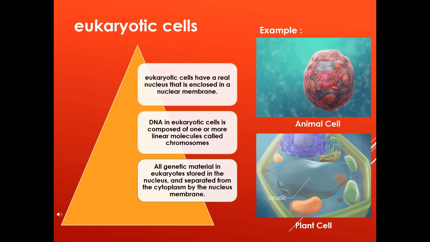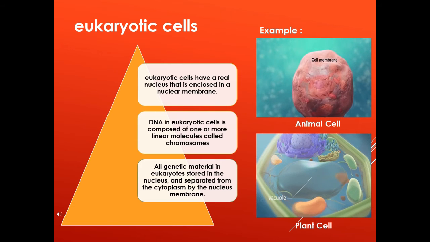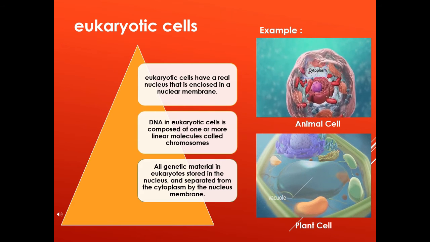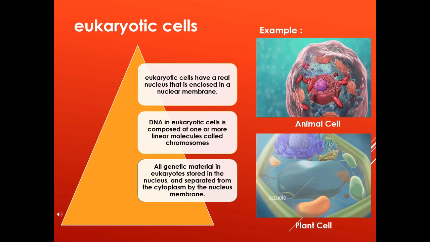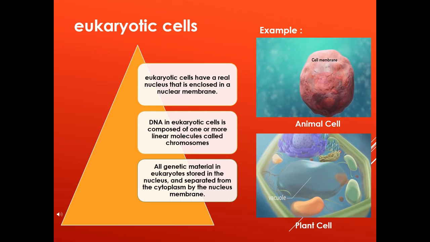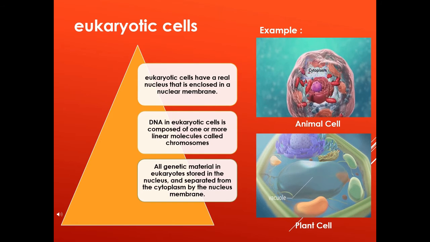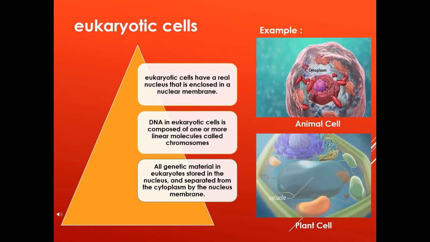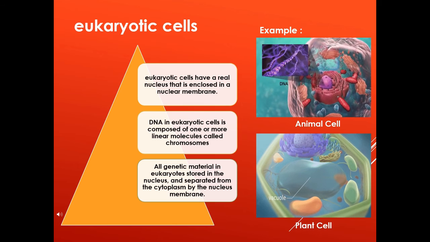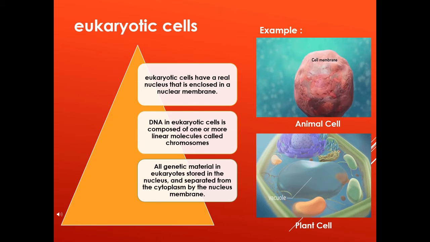DNA or genetic material of eukaryotic cells is composed of one or more linear molecules called chromosomes. And all genetic material in eukaryotes is stored in the nucleus, and it's separated from the cytoplasm by the nuclear membrane. And the example of eukaryotic cells is animal cell, also plant cell.